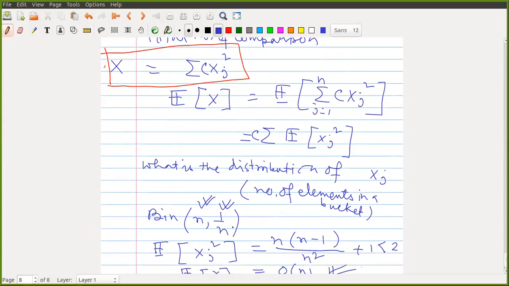So for that case, we expand out E of xj squared and algebraically manipulate it, and it comes out to be this.